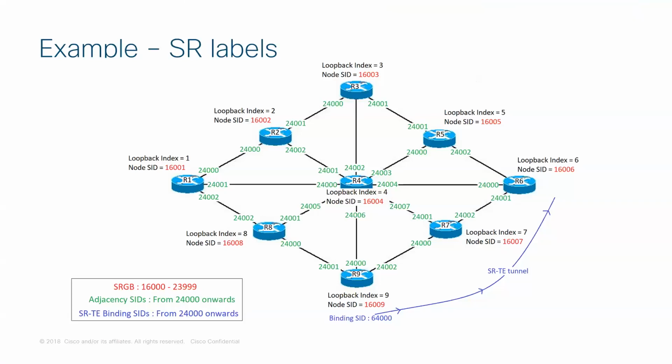On R8 you just need to ensure that the top label goes out with 16006. R8 knows that its best path to 16006 is R8 to R4, R4 to R6. So 2 labels are enough in this case, even though I'm actually taking 3 links, because my requirement is just to ensure that it goes on this link. After this, it can take the best path.